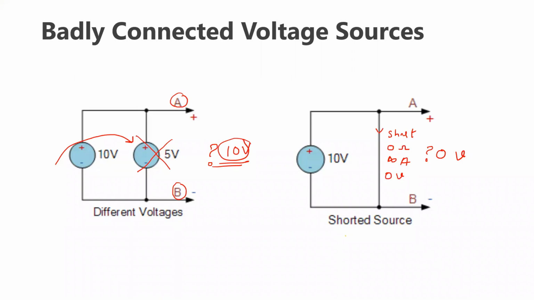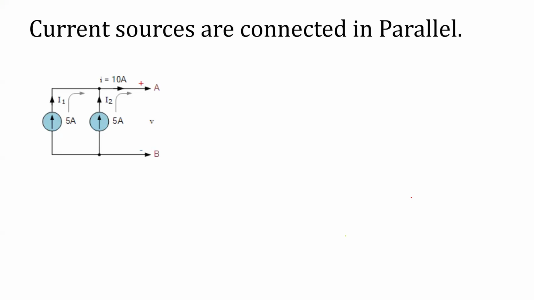All right. Next, what happens if current sources are connected in parallel? Either they are added or subtracted. Addition should be followed if the current directions are same.